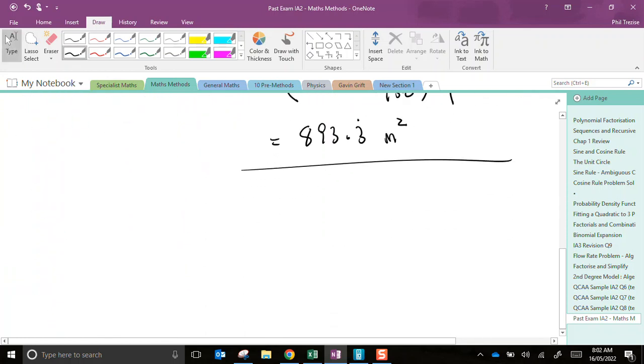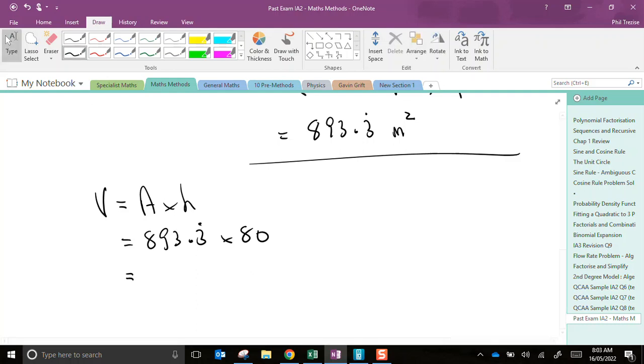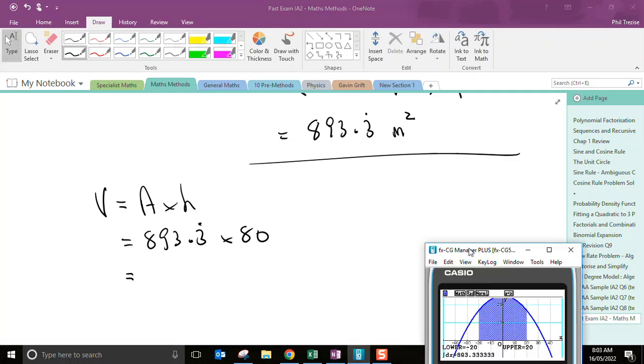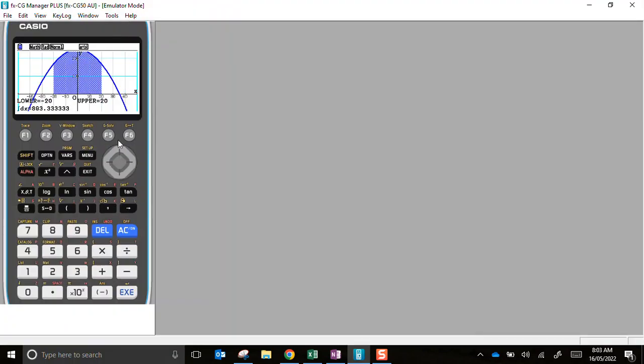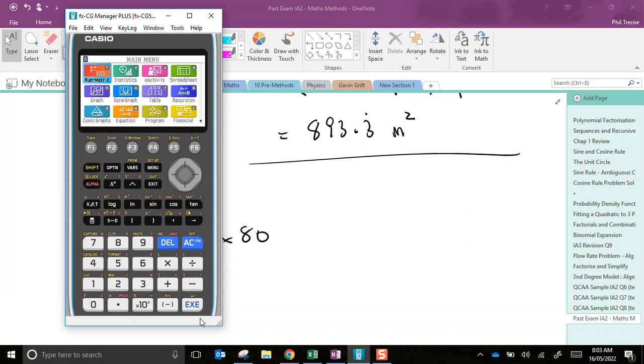So here we go. The volume equals the area of the base multiplied by the height of the prism. We have that the area is 893.3 recurring, and the height of the warehouse was 80. So back to the calculator for this one. Something weird happened to my calculator then. For this one, I will go back to the menu.